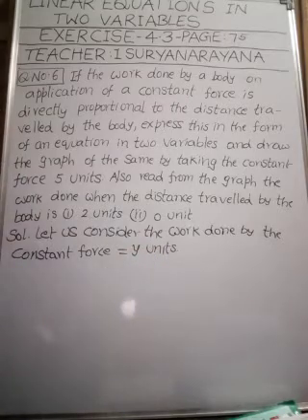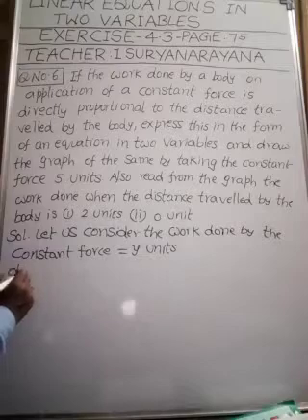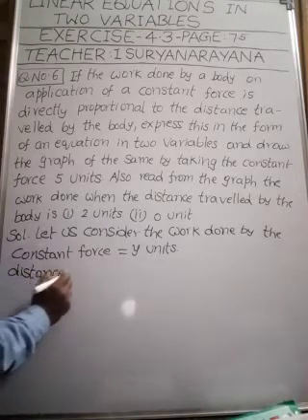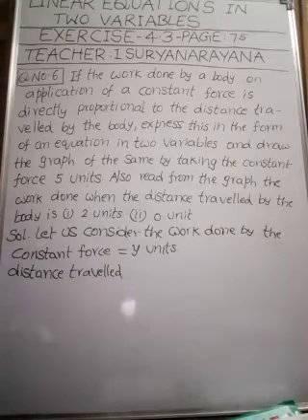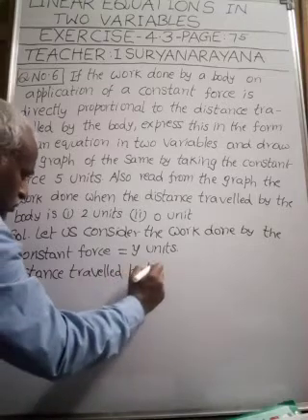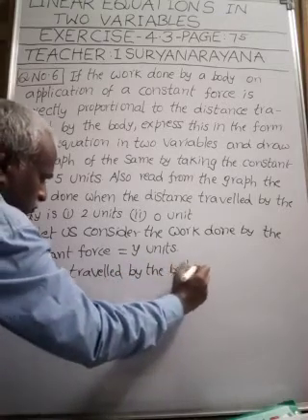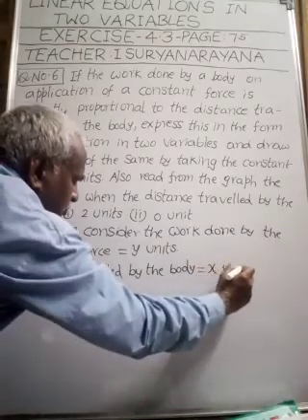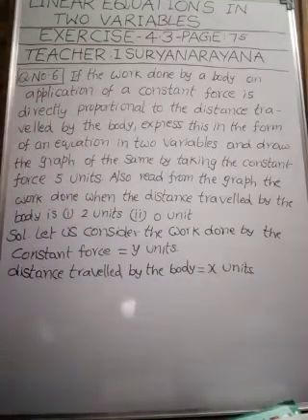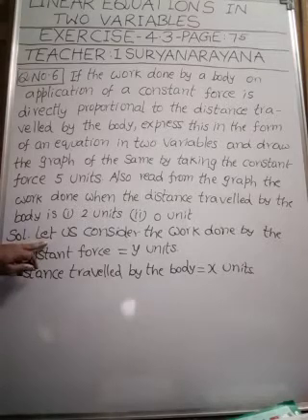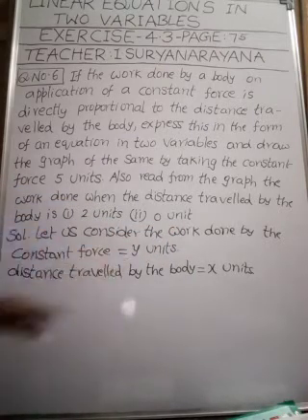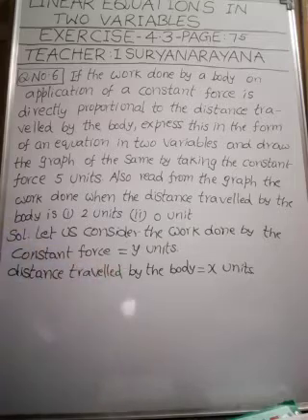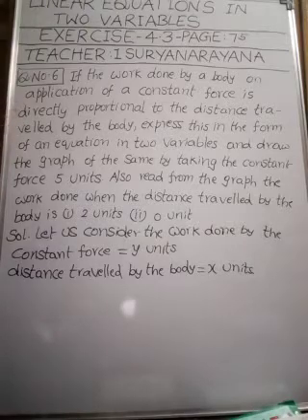Okay, my children. And the distance travelled by the body is equal to X units. Okay, my children, understood this one? We assumed here the work done by the constant force by that body is Y units and the distance travelled by the body is X units. Okay, my children? Right. This question is related to physics.